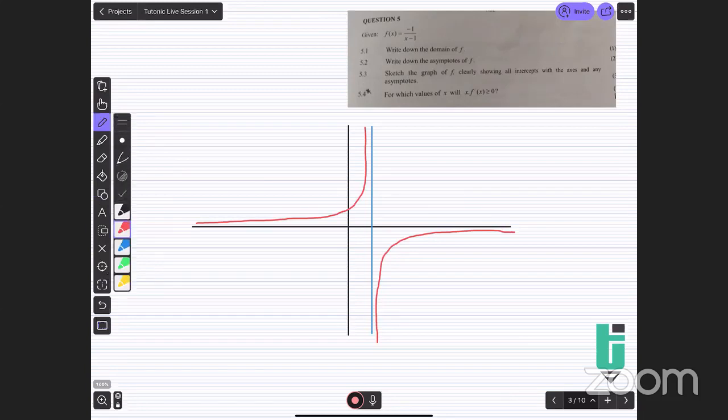How would you know what the derivative is? We draw tangents. Yes, tangents, right? This is the beautiful thing about the hyperbola.